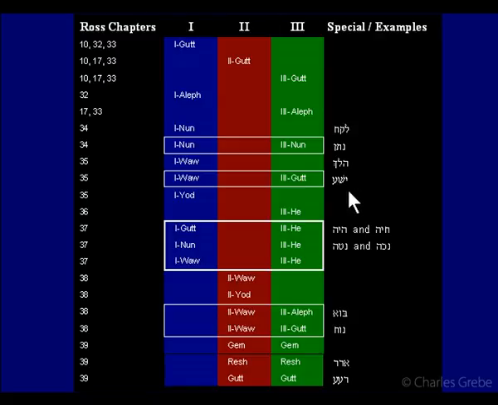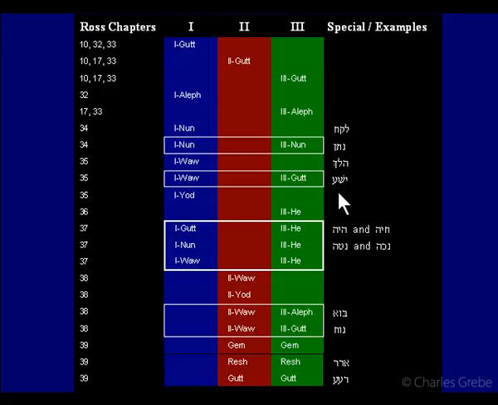We also looked at yasha, which means to save, and it is a first vav and a third guttural. And what I did is I compared this with first vav verbs and third guttural verbs, and we saw that for the most part, the first part of the verb looked like first vavs, and the last part looked like third gutturals.